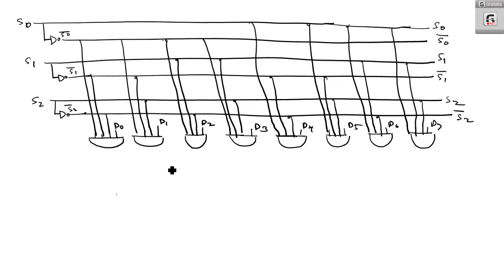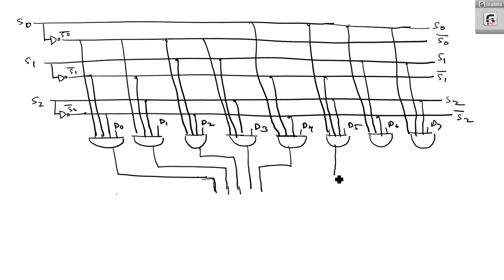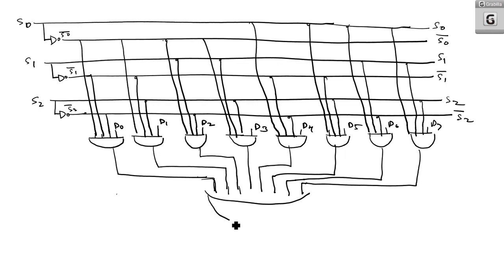Now if you are ORing these 8 inputs, what they are getting is this.